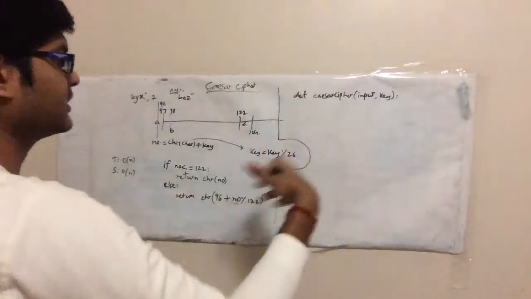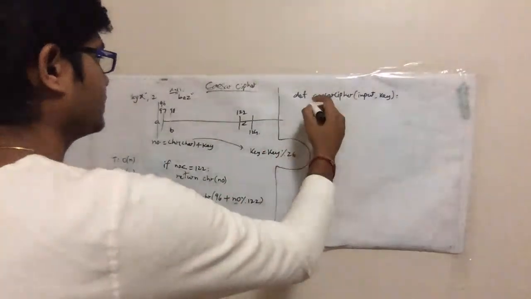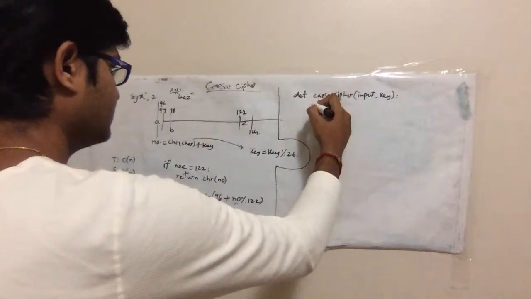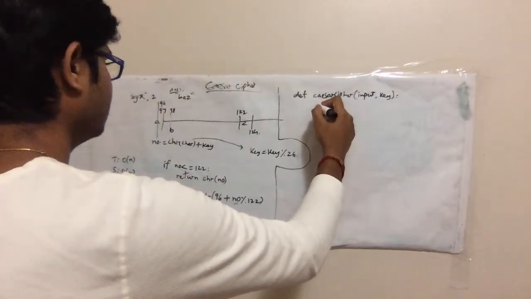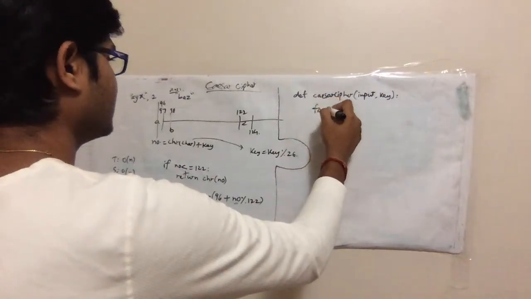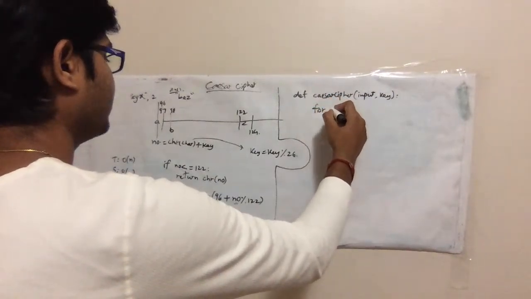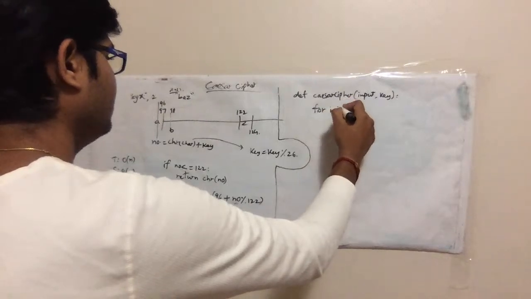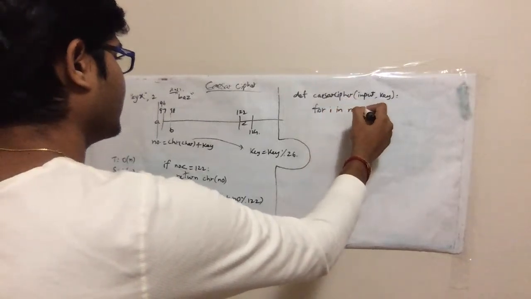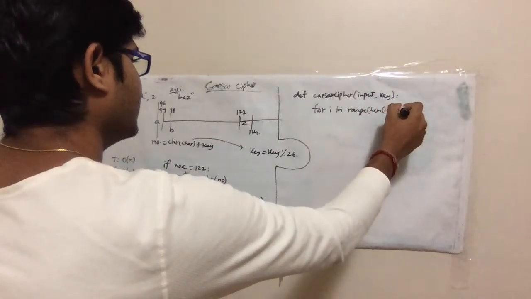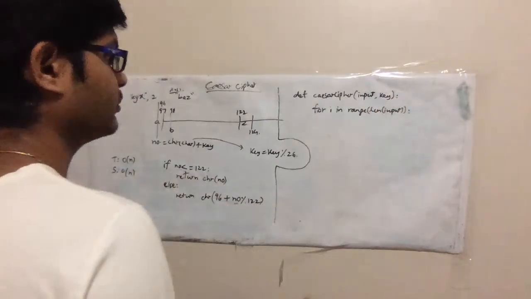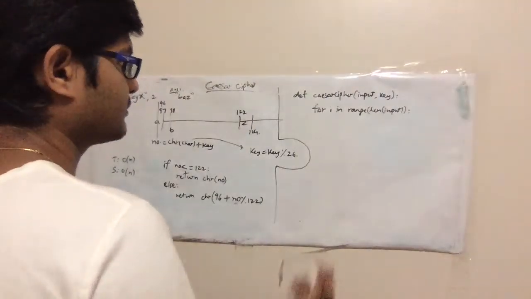The first part is converting it to a list. That can be done by doing for i in range length of input, iterating through the length of the input.